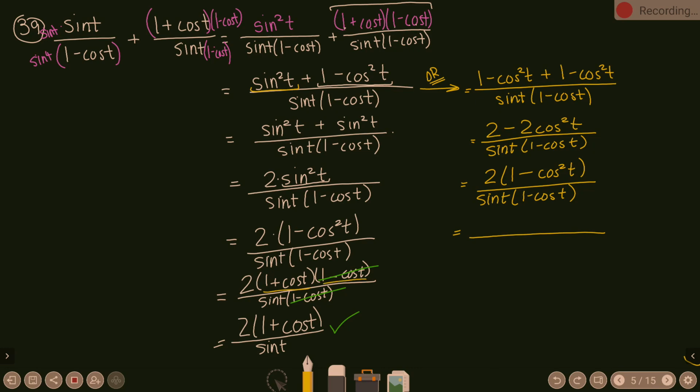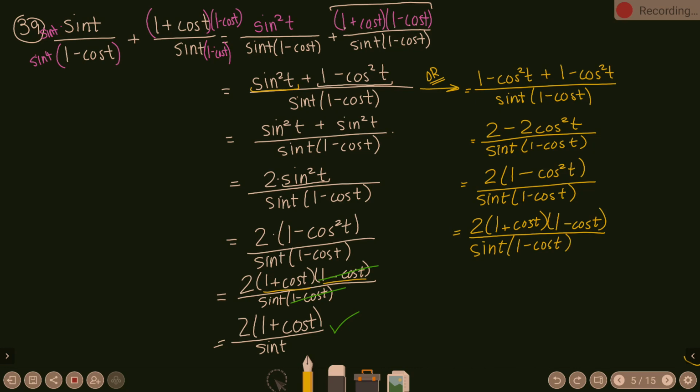So the 2 stays 2. 1 breaks into 1 times 1. Cosine squared breaks into cosine t times cosine t. Multiplying to be a minus is a plus and minus. And then you can cancel that, all over sine t times 1 minus cosine t.